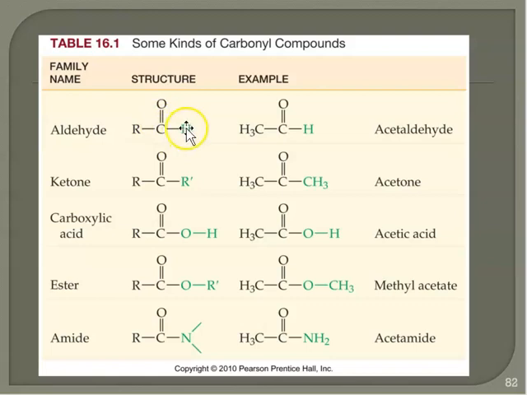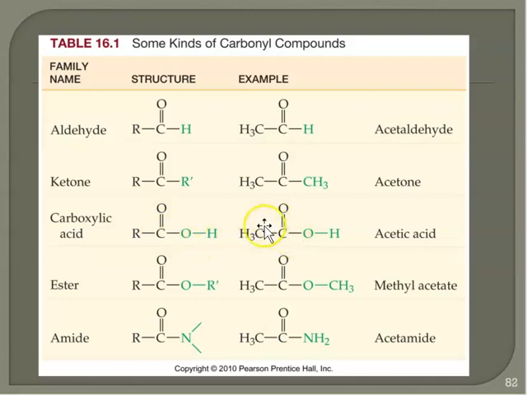Acetaldehyde is an example of one. A ketone is where this carbonyl happens in the middle of a chain. A carboxylic acid is where it happens at the end of a chain, but we also have this alcohol, this hydroxyl group, attached to this carbonyl carbon. So that's an example of that.